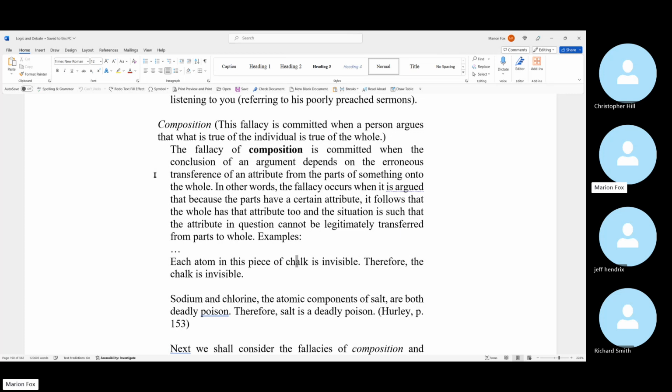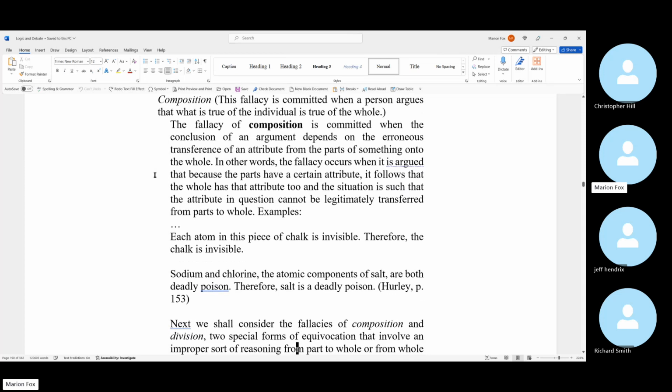Here's another one. Sodium and chlorine, the two elements that make up salt. By salt, I mean what we call table salt. The word salt is used by chemists in a broader sense than what we're using it here. I'm talking about the common table salt that we put on our food. So it's sodium chloride is what it's called.